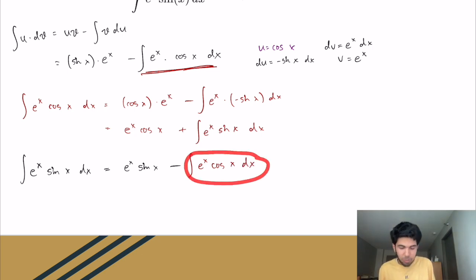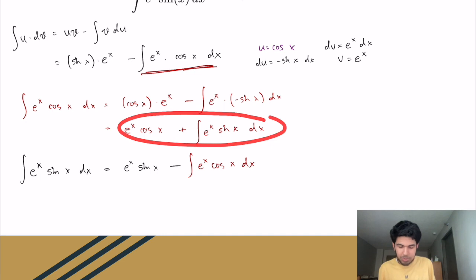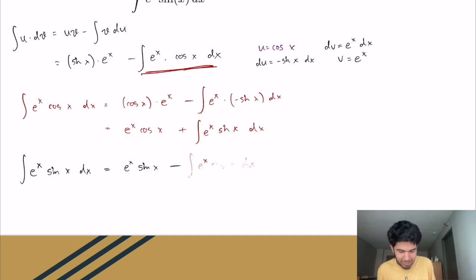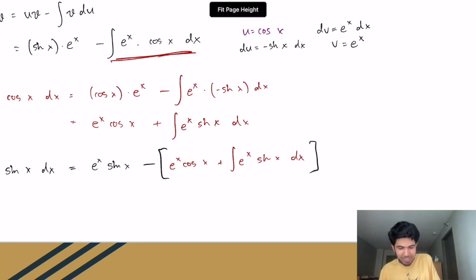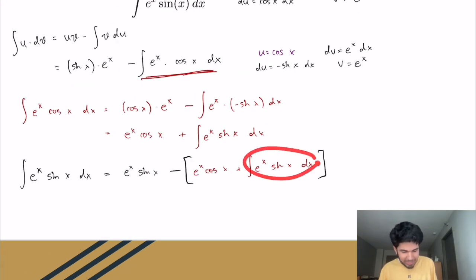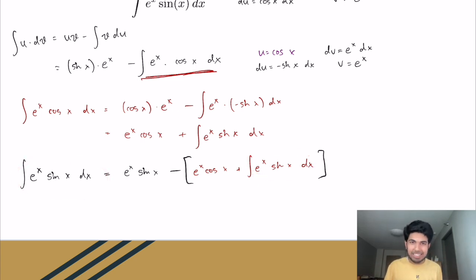But we said that this red integral was equal to this. So let's erase that integral and replace it with what we just solved for. E to the x cosine of x plus the integral of e to the x sine of x dx. So now what we can do is treat this integral, which is the same thing, as one massive variable and solve for it.